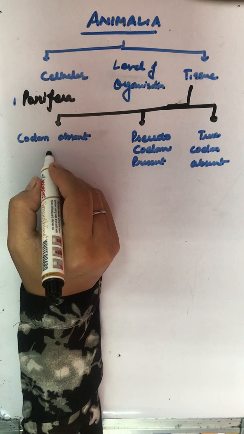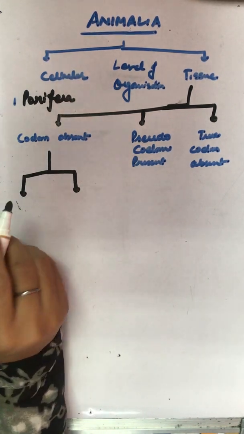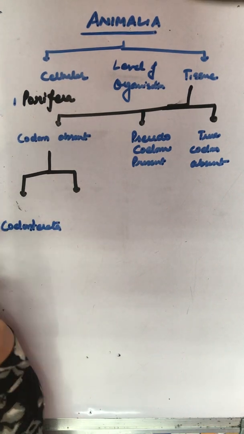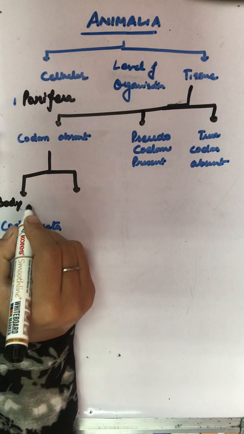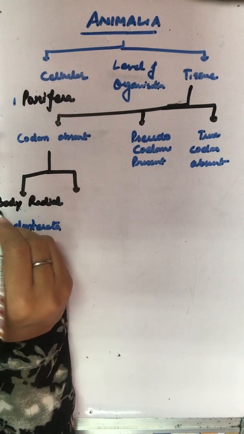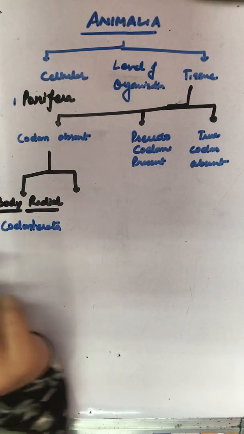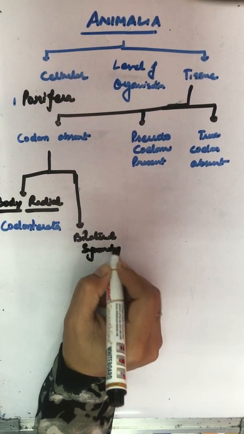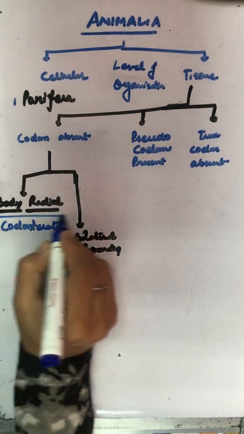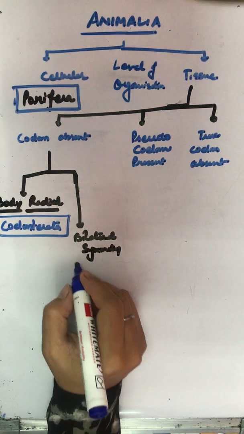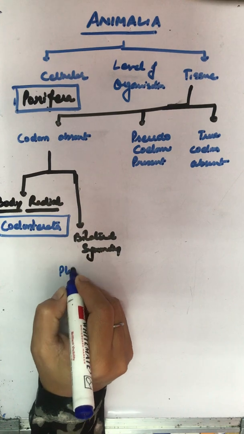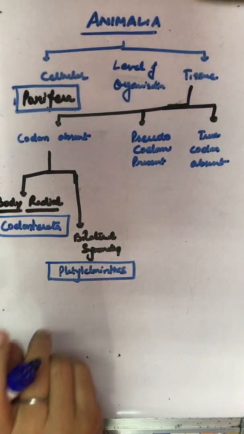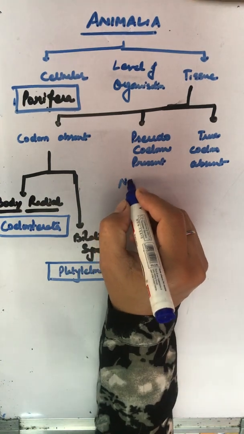Then if we say coelom absent, it can be Coelenterata, and here the body shows radial symmetry. The second one shows bilateral symmetry. If it shows bilateral symmetry, we call it the third phylum, Platyhelminthes. Now, if the pseudocoelom is present, we call it Nematoda.